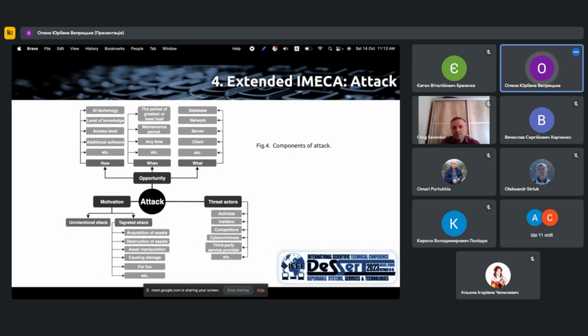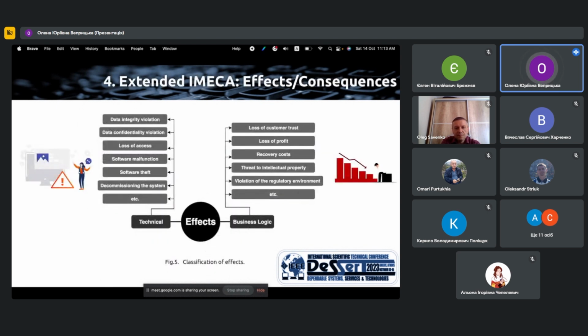Understanding attacking possibilities will also help predict the attack. Next are attack consequences. Attack effects are split into technical and business. Technical consequences determine how much data, hardware, or software is affected. Business consequences are mostly determined by organizational losses.